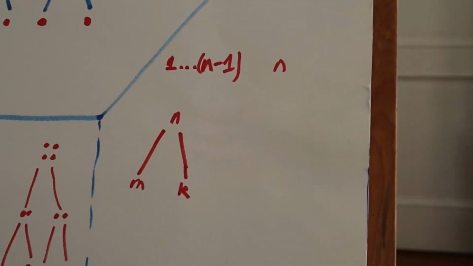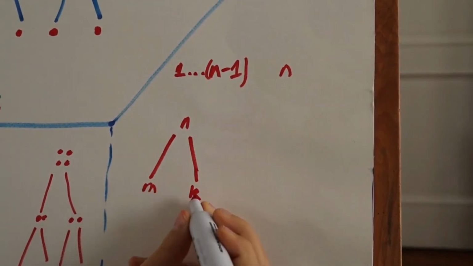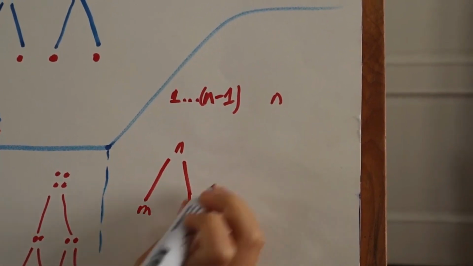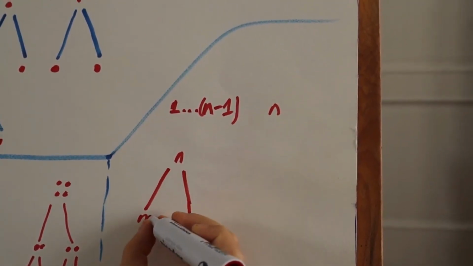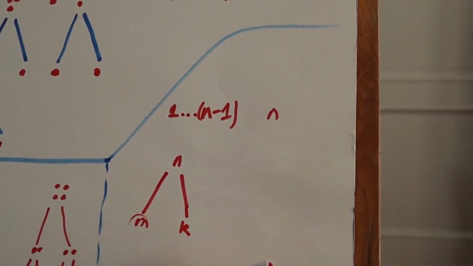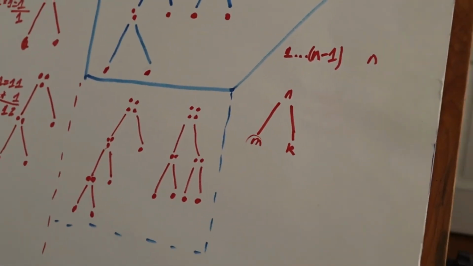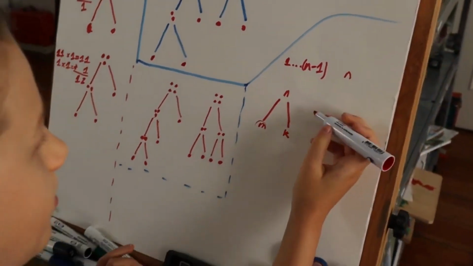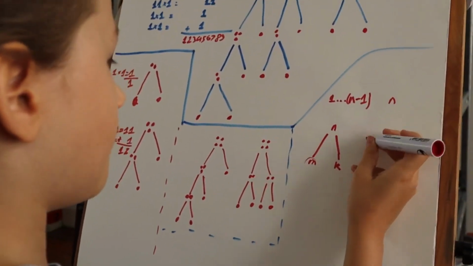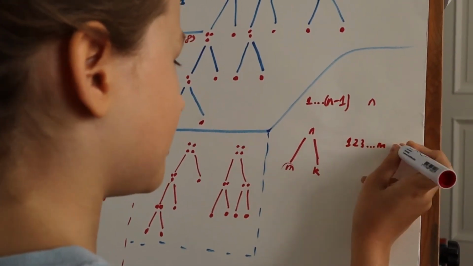Now, because we split it up, m and k are smaller than n. So we know it's true for them. If we split up n dots, so we do m, we split m up further, and if we add all of those together, then, okay, we know it's true for m, so we get 1, 2, 3, up to m.